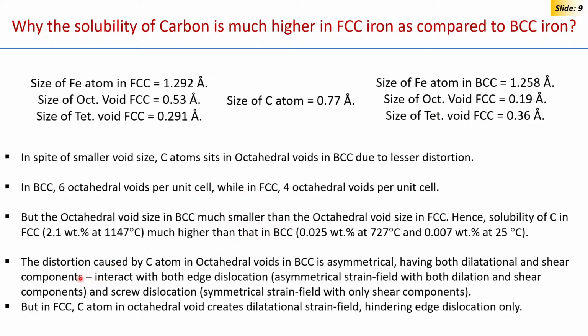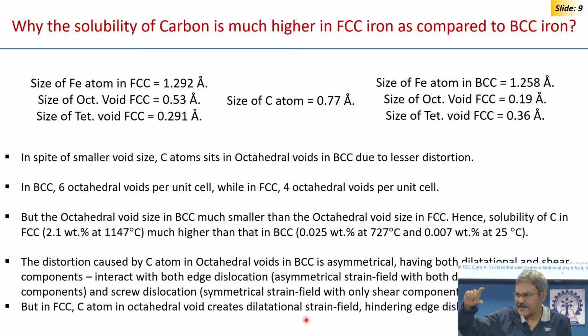Another important thing that is written in the below lines, the distortion caused by carbon atom in octahedral void in BCC is asymmetrical, whereas in FCC it is symmetrical. If you put a carbon atom at the edge center position in FCC, and if you see the distance of the neighboring iron atoms, you will find on all sides it is a by 2.